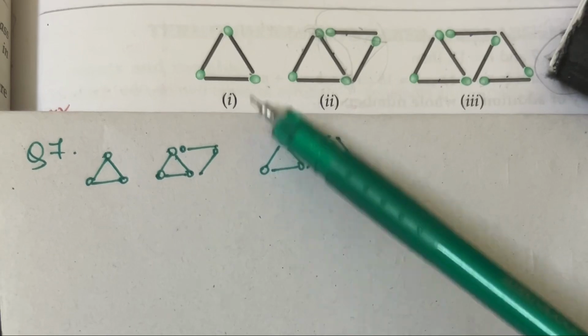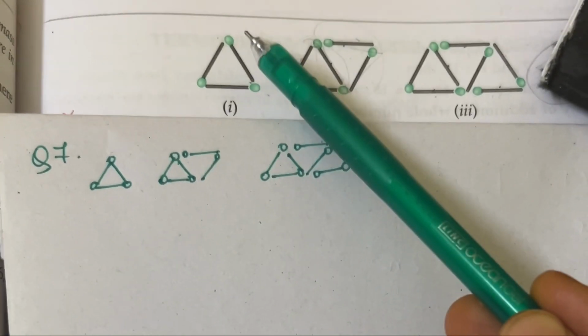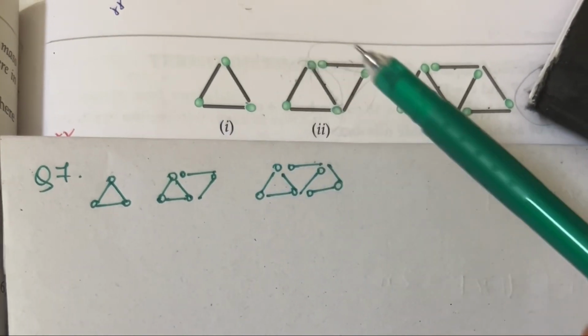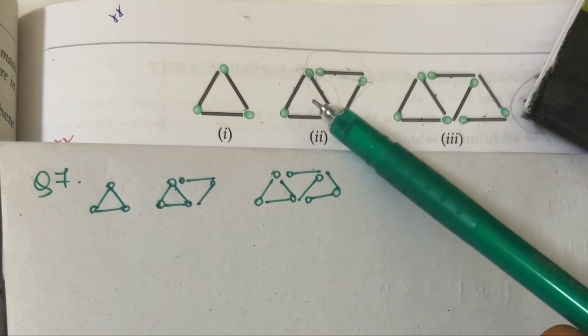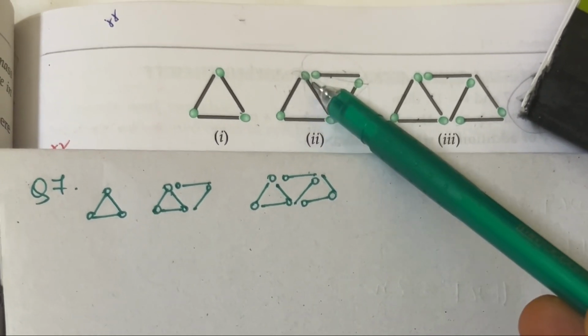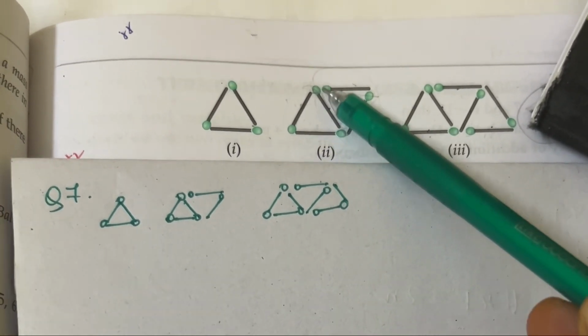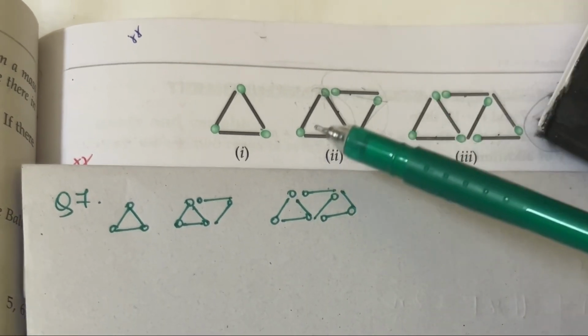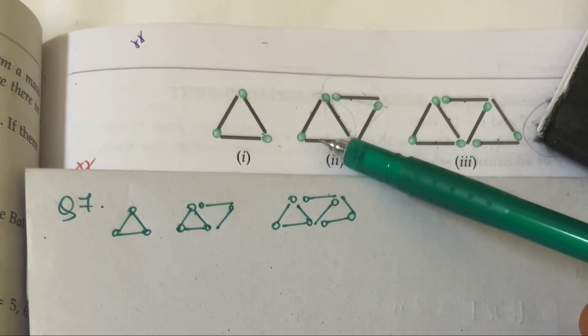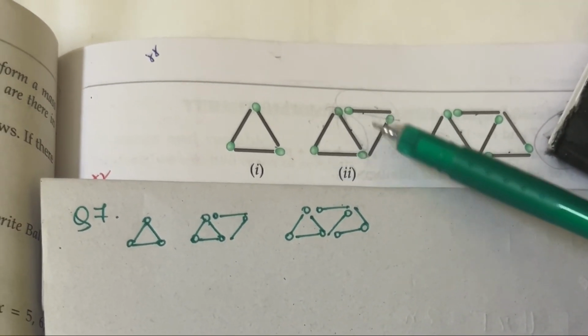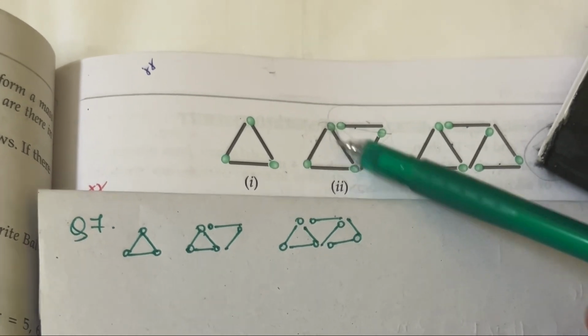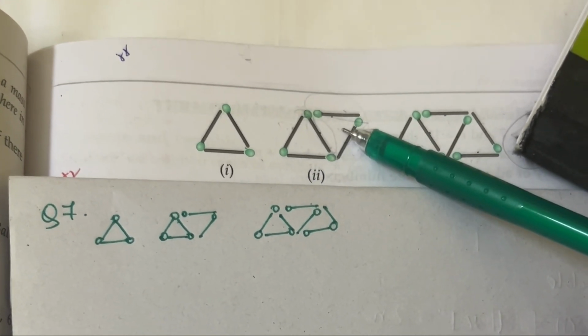For the first one, there is one triangle and there are three matchsticks. And for the second one, there are two equilateral triangles with one base in common, and there are two matchsticks here and two matchsticks here. So this matchstick is common to both the triangles.